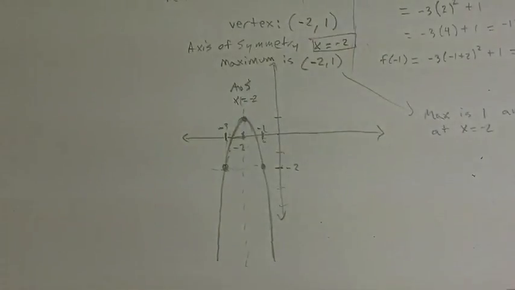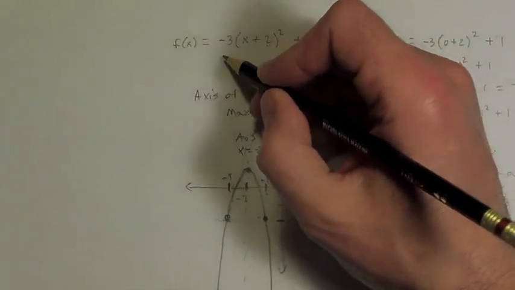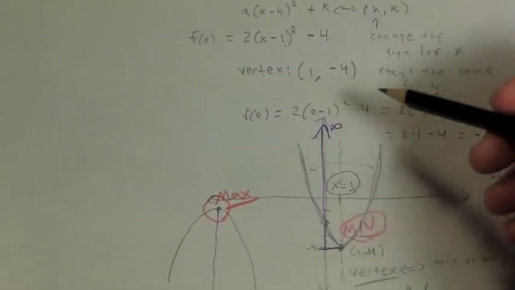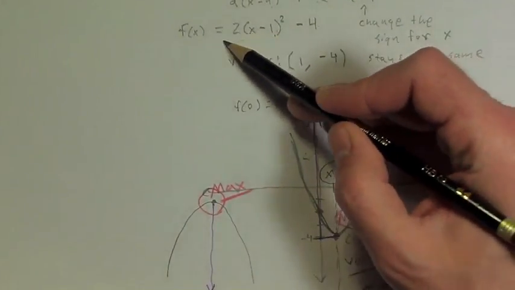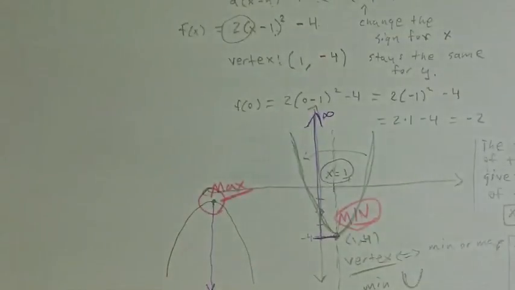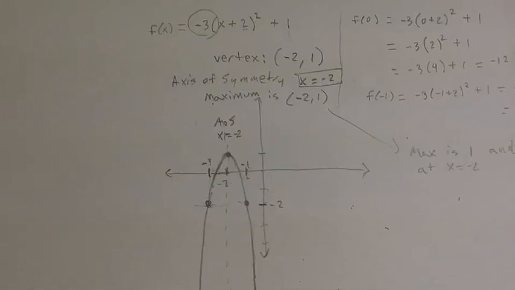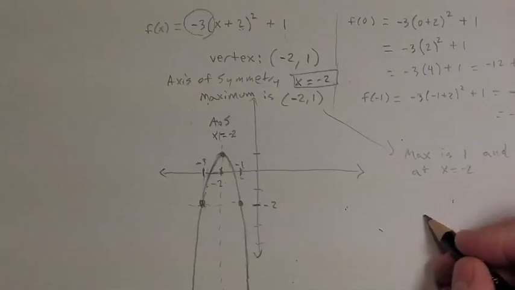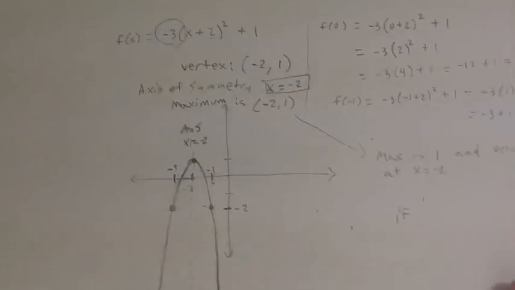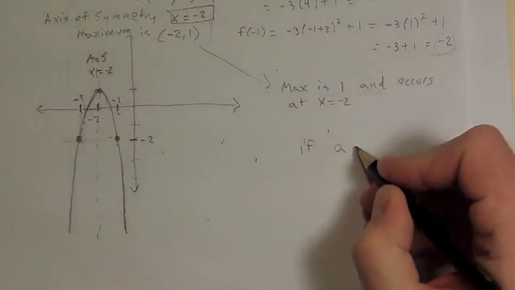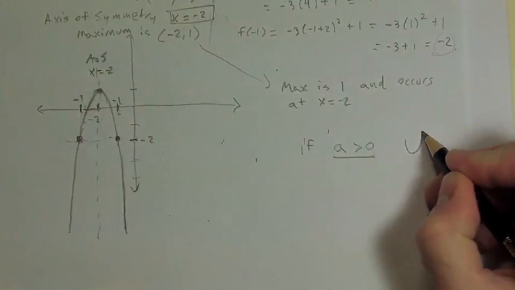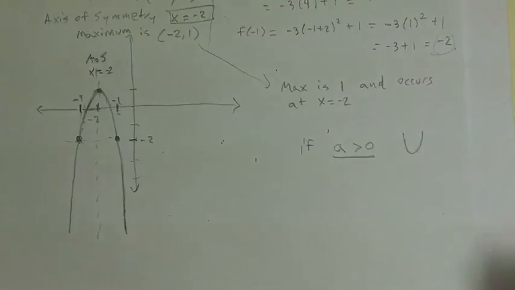Well, it's actually A. This value here, right out front, tells us whether or not the parabola is opening upwards or downwards. Essentially, if A is positive, we get a U, opening upwards.